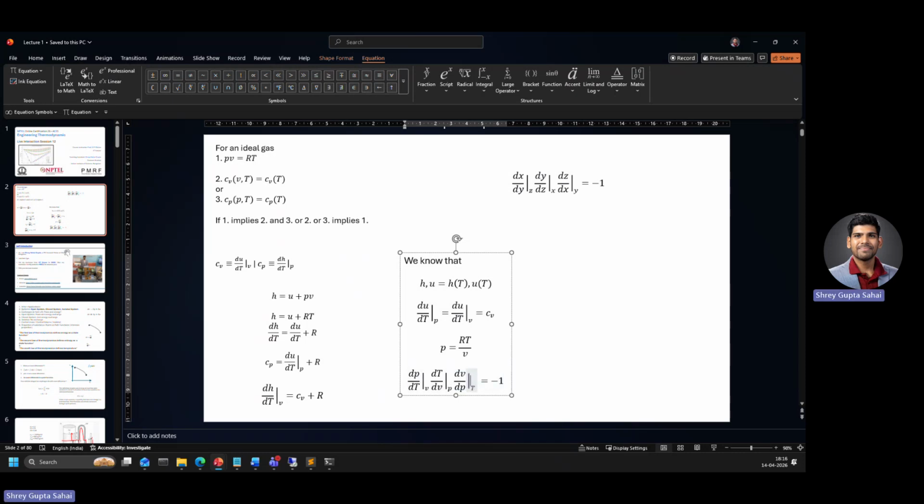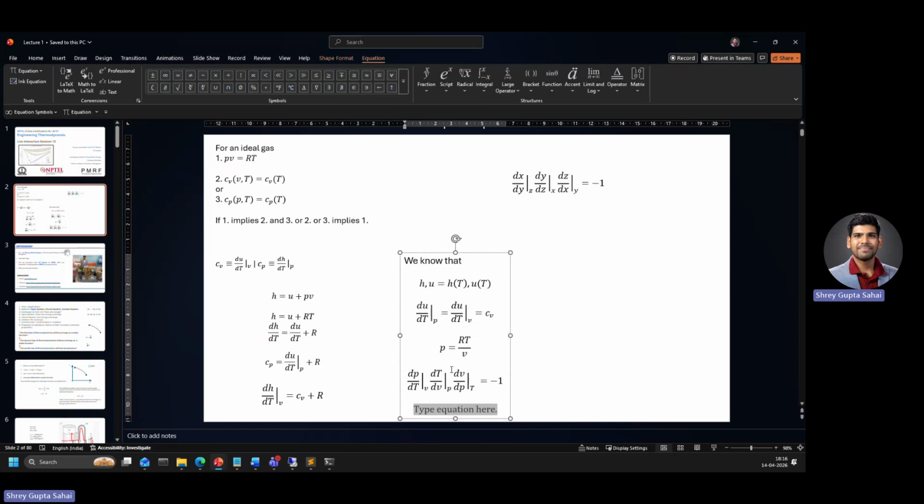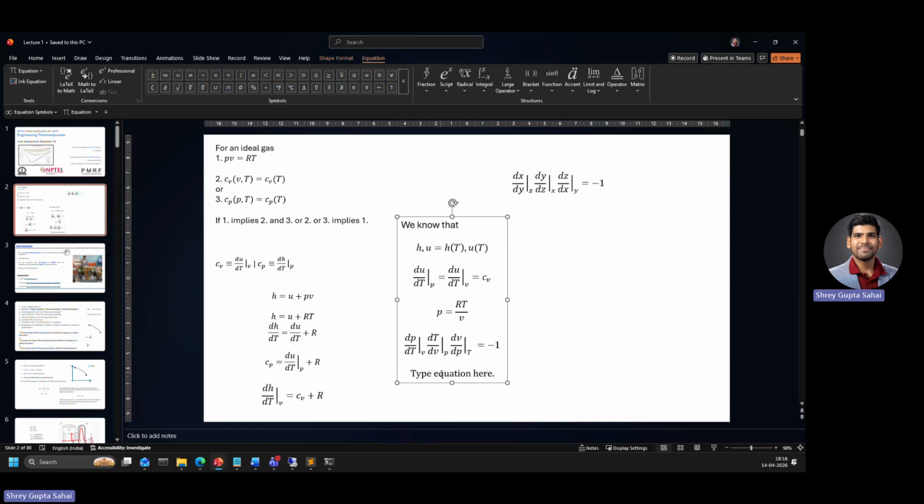Fine. Now, a few things we know here, right? Indeed, we can actually quickly calculate also. See, this relation will even help.